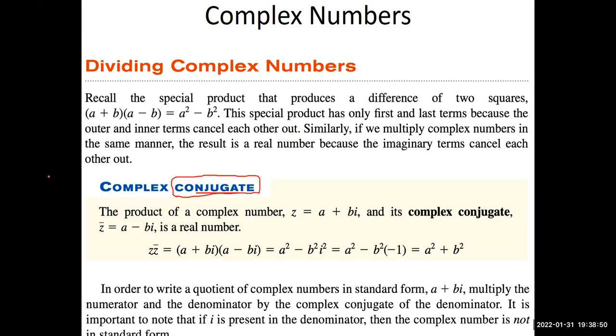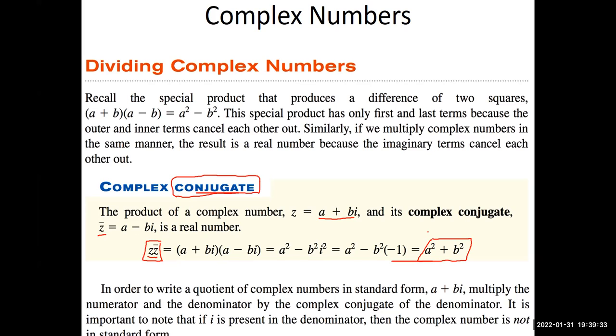So the product of a complex number z equal to a plus bi and its complex conjugate z bar equal to a minus bi is a real number. When we multiply the original complex number with its conjugate, the inner part and the outer part cancel out, so only the real part remains.